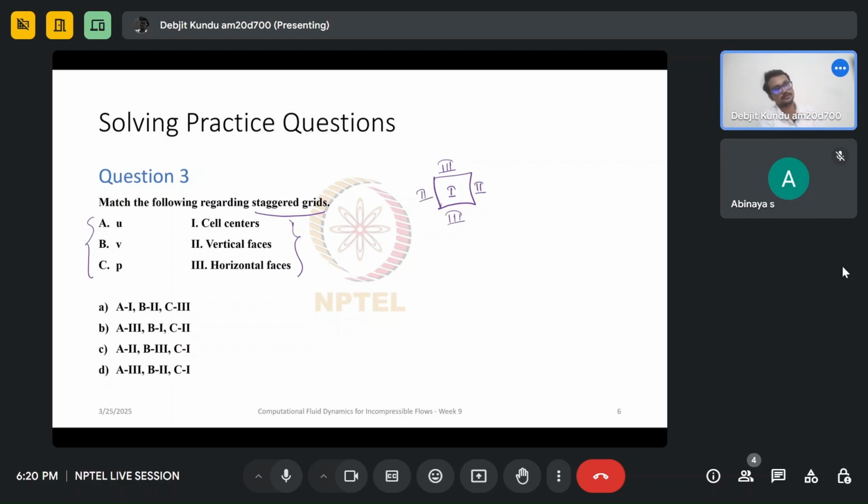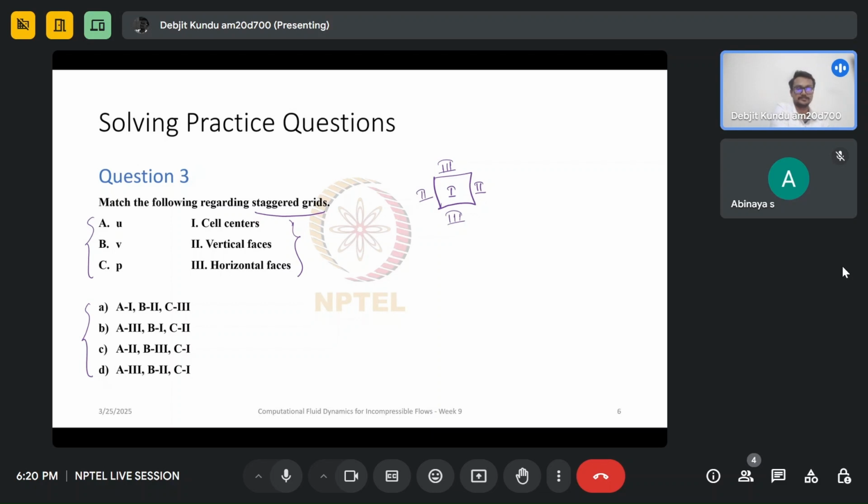So you have to match which variable is stored where, and there are different combinations given in the options below. You have to pick out which one matches your solution. So is it option A, A1, B2, C3? Is it option B, A3, B1, C2? Is it option C, A2, B3, C1? Or is it option D, A3, B2, and C1?